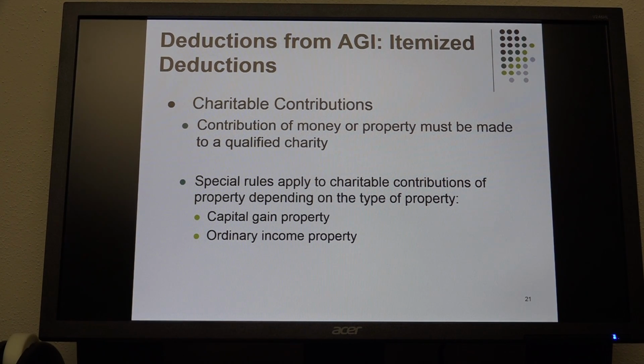Well, how do I find out what's a qualified charity? Well, apparently the federal government, the IRS, Treasury, they put out a list of who are the qualified charities. So if you want to know if a charity is a qualified charity, you go to the list and check it out.